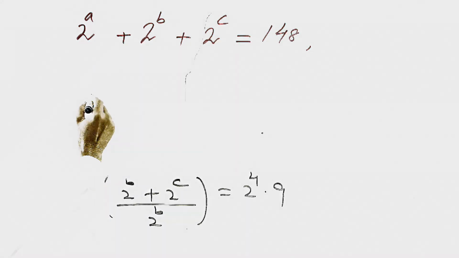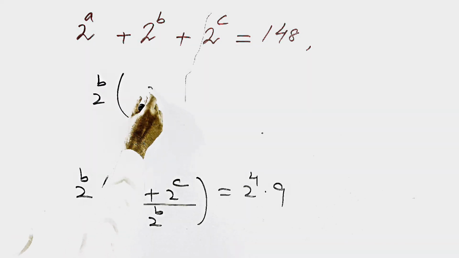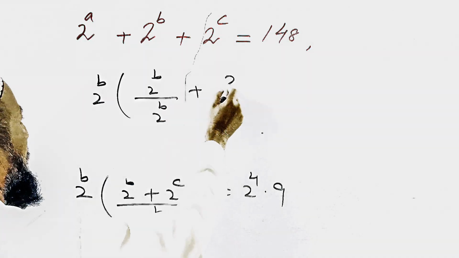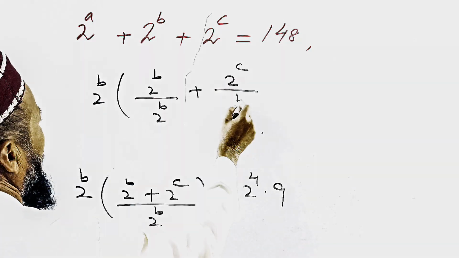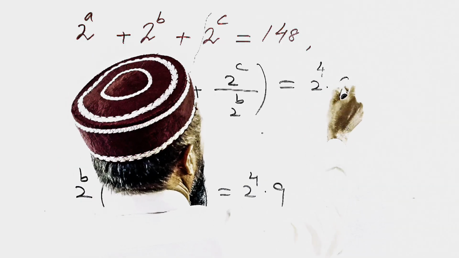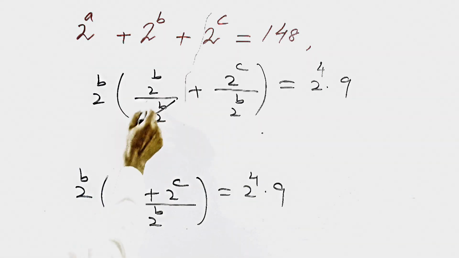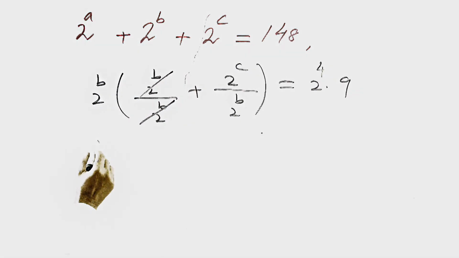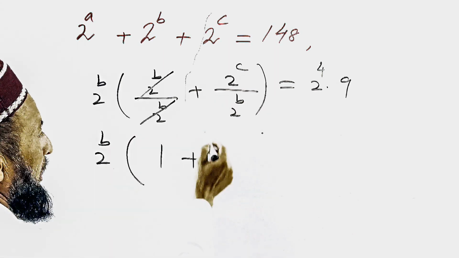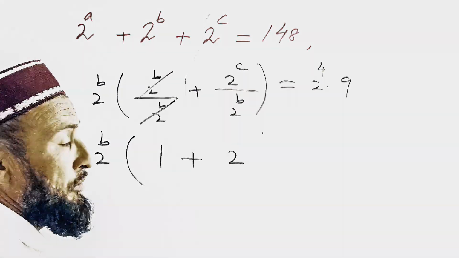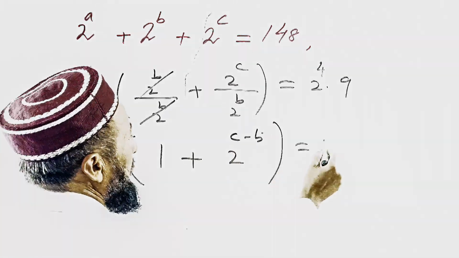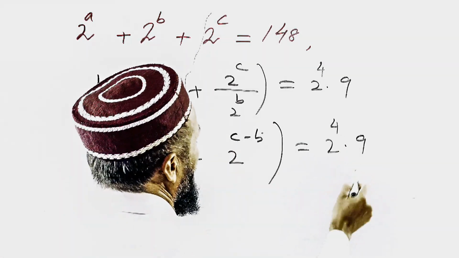Now 2 exponent of b into (2 exponent of b divided by 2 exponent of b plus 2 exponent of c divided by 2 exponent of b) is equal to 2 exponent of 4 into 9. So this term cancels, and 1 is remaining, 1 plus, and here we are using the quotient rule: bases are the same, so we subtract their powers, is equal to 2 exponent of 4 into 9.